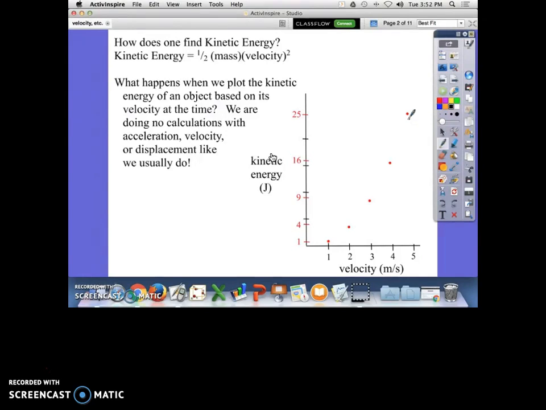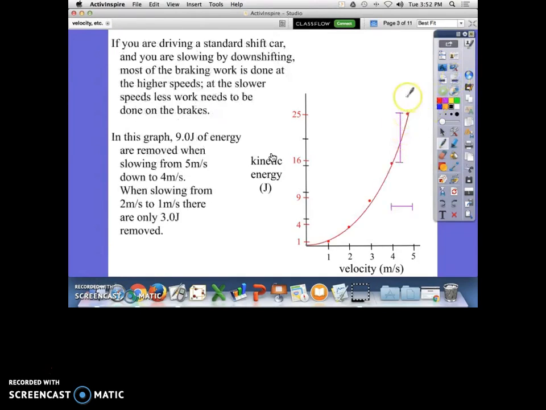Well, I couldn't quite explain it at the time, but if you look at the energy that is lost, I'll get to the text here in a little bit, if you're slowing from, let's say, 5 meters per second down to 4 meters per second, or 25 down to 20, you'll get a bigger drop in kinetic energy when you're moving faster.